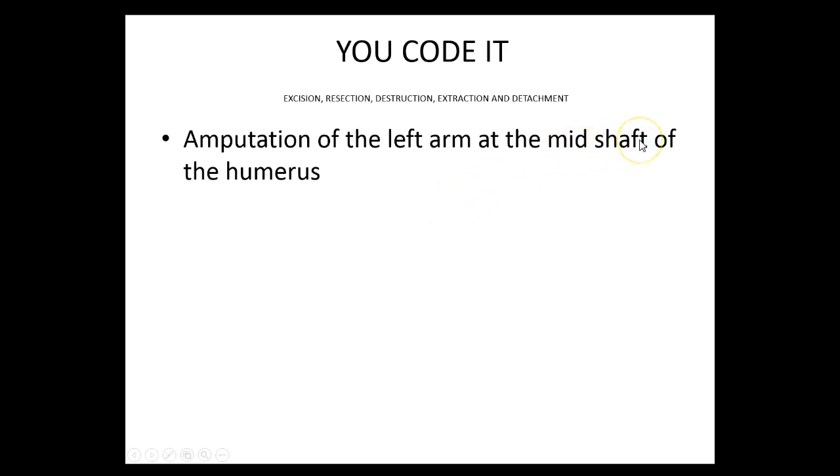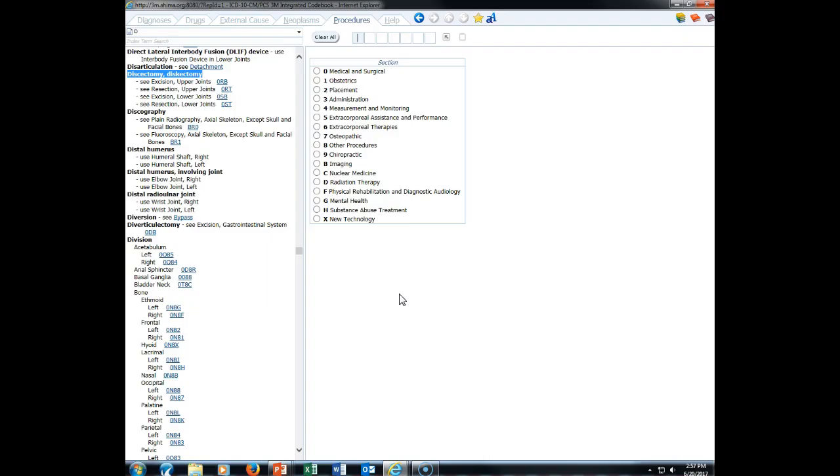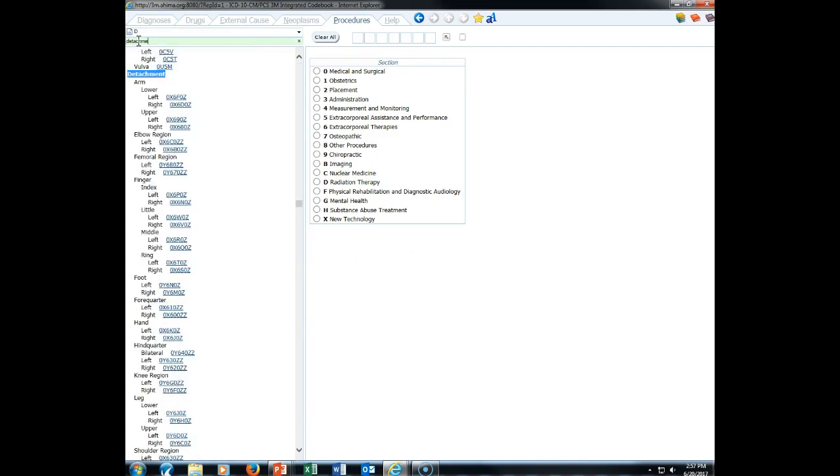So this is the mid shaft of the humerus of the left arm. So let's go to detachment. And we have arm.